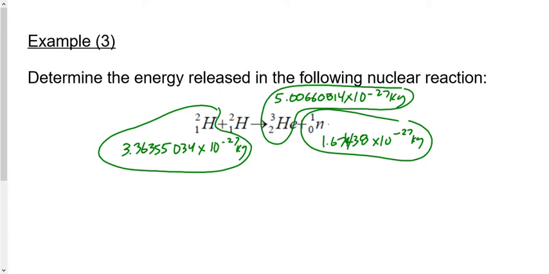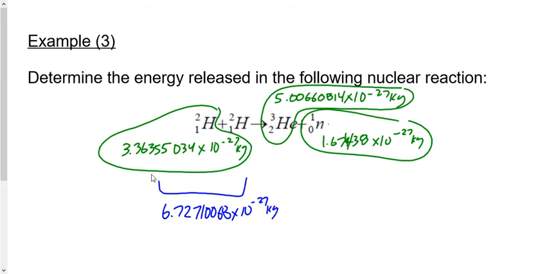Let's figure out what the mass defect is, and then let's figure out what the energy released is using Einstein's energy mass equivalence equation. On the left-hand side, we add up 3.36 plus another 3.36, giving us the total mass of the reactants or the parent nuclei, which gives us 6.72710068 times 10 to the minus 27 kilograms.